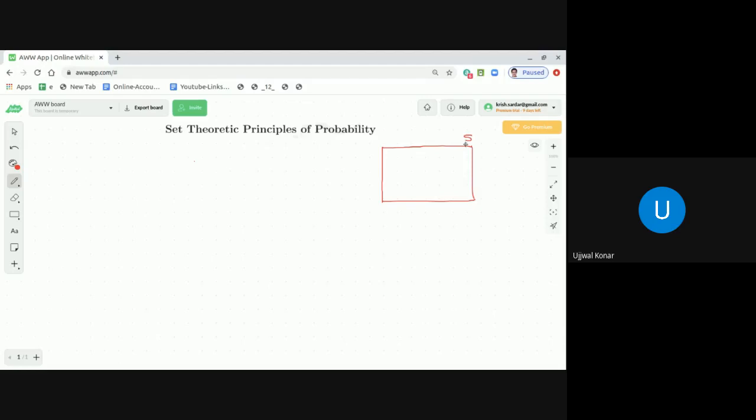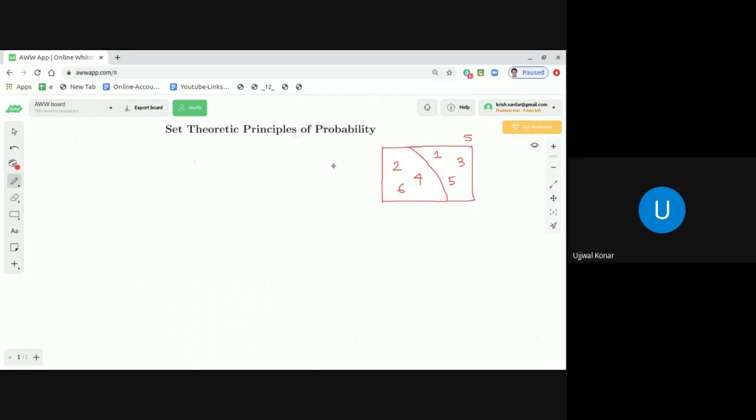Now we have the event A. We define the event A as getting an even face. Then the values you should get are 2, 4, and 6. So 2, 4, 6 is a set. And not getting an even face, that means getting an odd face, is 1, 3, 5.